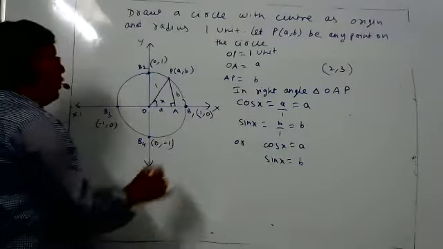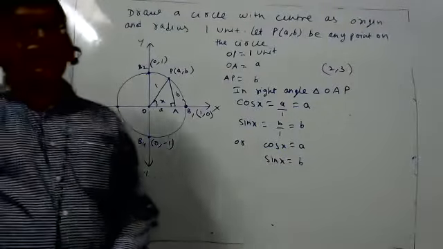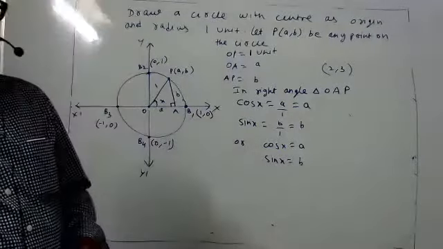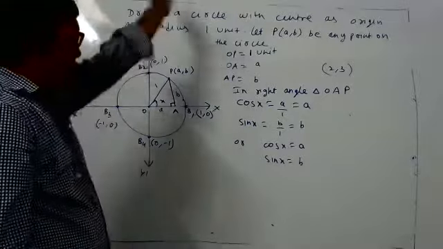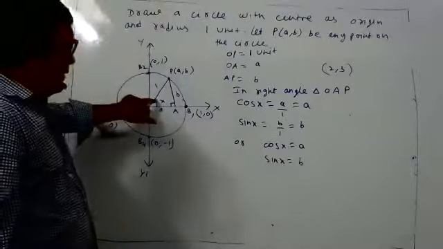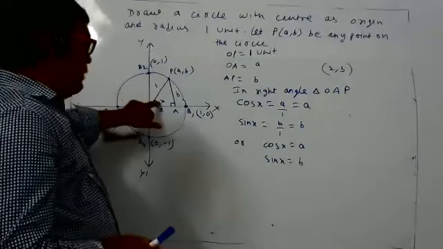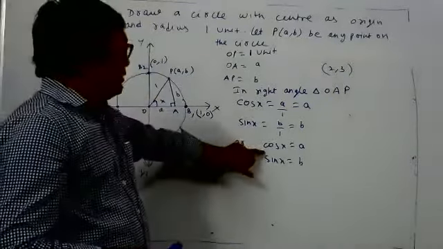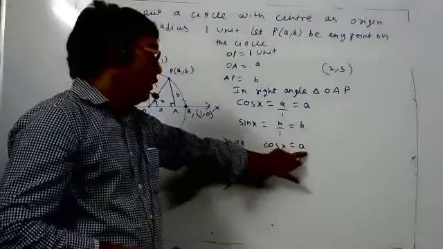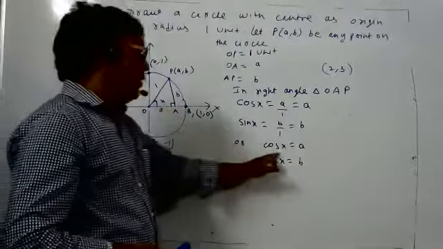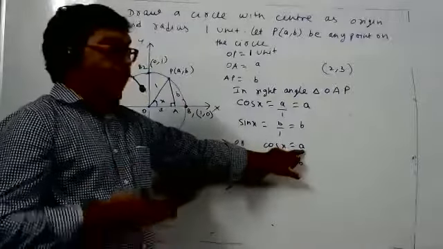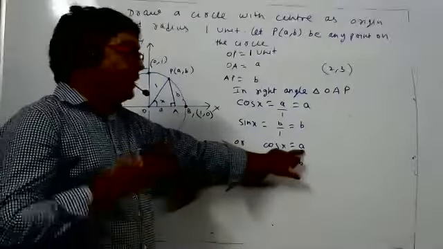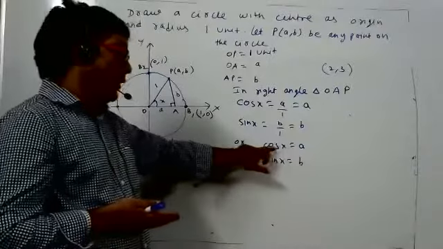Students, I will tell one sentence three times, so listen carefully. Here angle is x, so cos x is A and sin x is B. A means x coordinate, and its value is cos x.